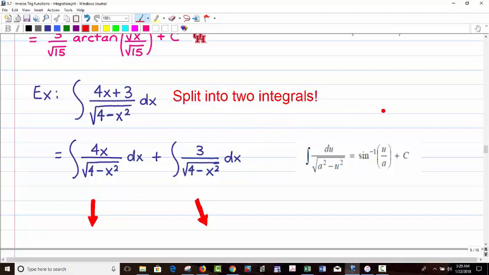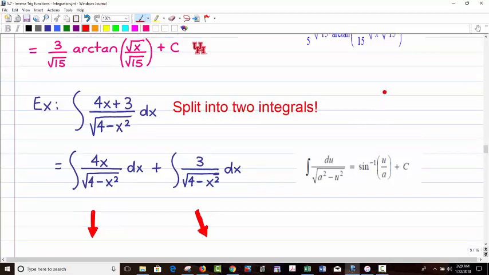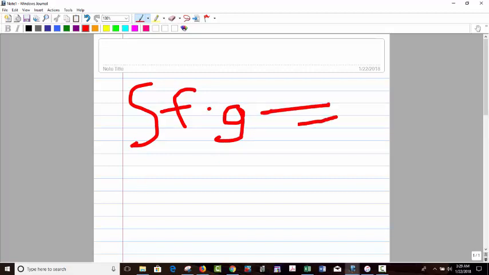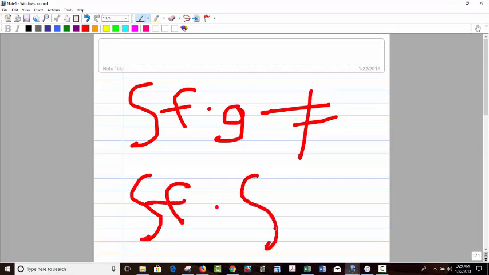Remember, a lot of mistakes I'll see students make is you cannot split up multiplication. I'm not working on a tablet PC here, so I can't really write, but I can sort of freehand. So in other words, the integral of f times g is not equal to the integral of f times the integral of g.